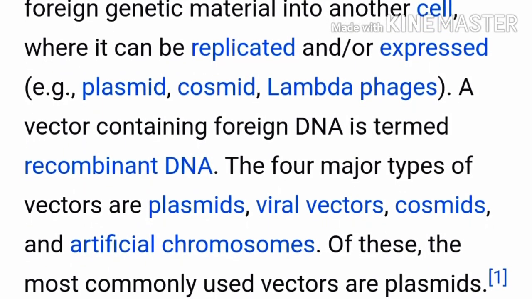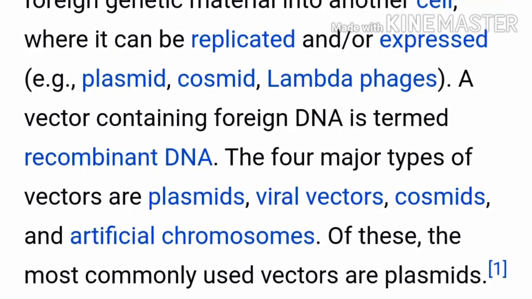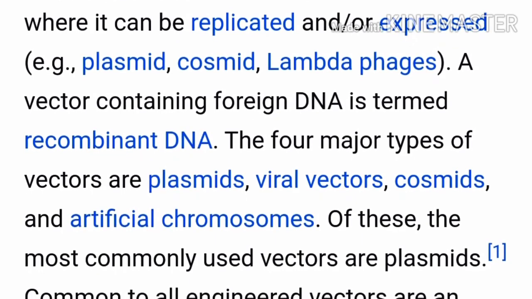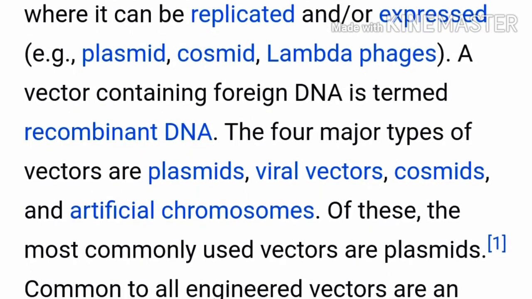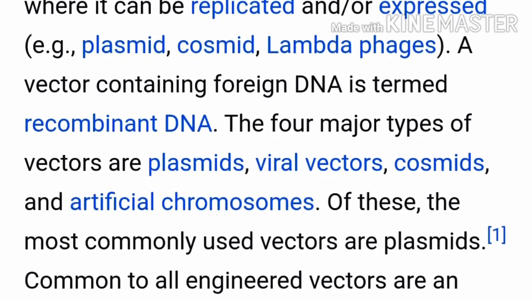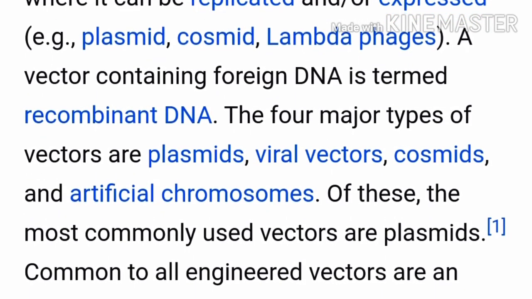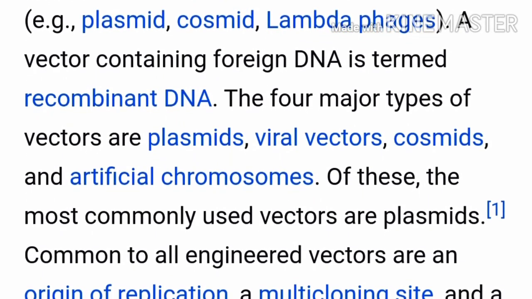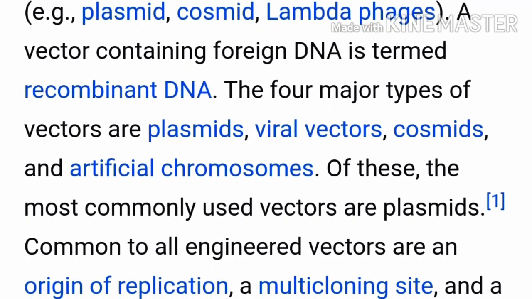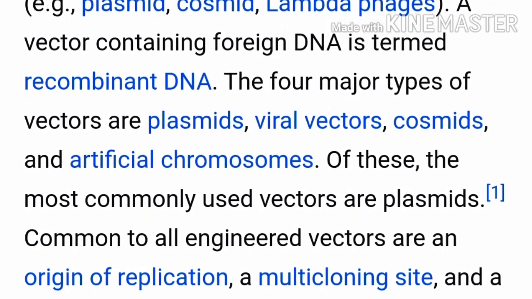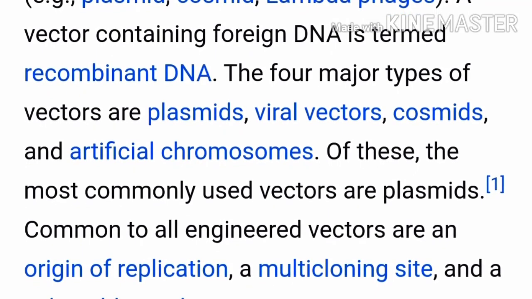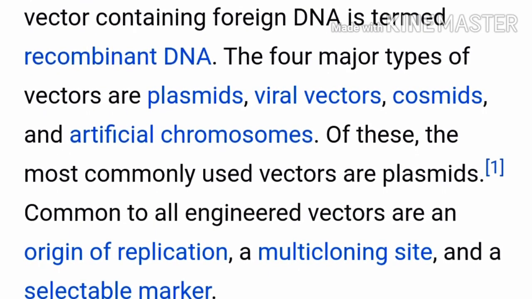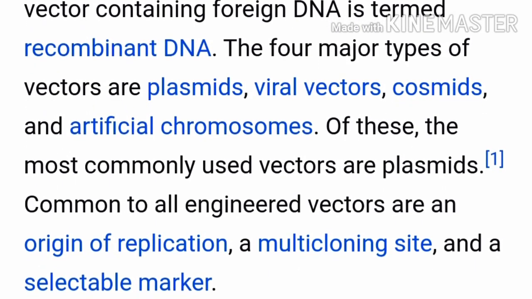The four major types of vectors are plasmid vectors, viral vectors, cosmid vectors, and artificial chromosomes. Of those, the most commonly used vectors are plasmid vectors. Common to all engineered vectors are an origin of replication, a multi-cloning site, and a selectable marker.